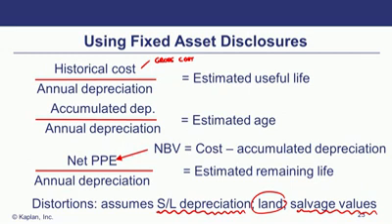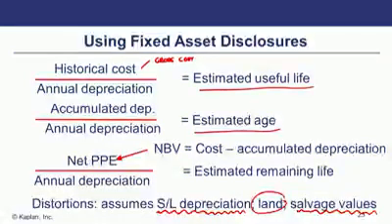Now, if we want the estimated remaining life, we could take estimated useful life and deduct estimated age, and that will tell us how many years remaining. Now, of course, we can compute that from first principles by taking net PP&E, and our net PP&E is historic cost minus accumulated depreciation over the annual depreciation expense. Okay, and that will give us our remaining life.